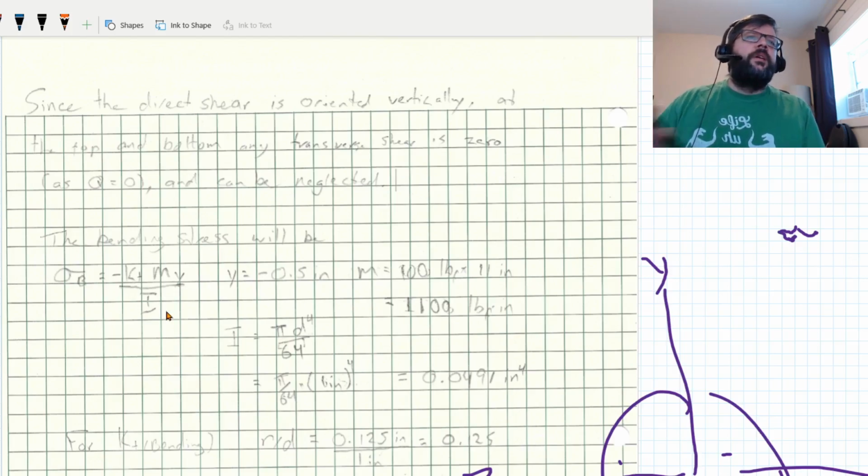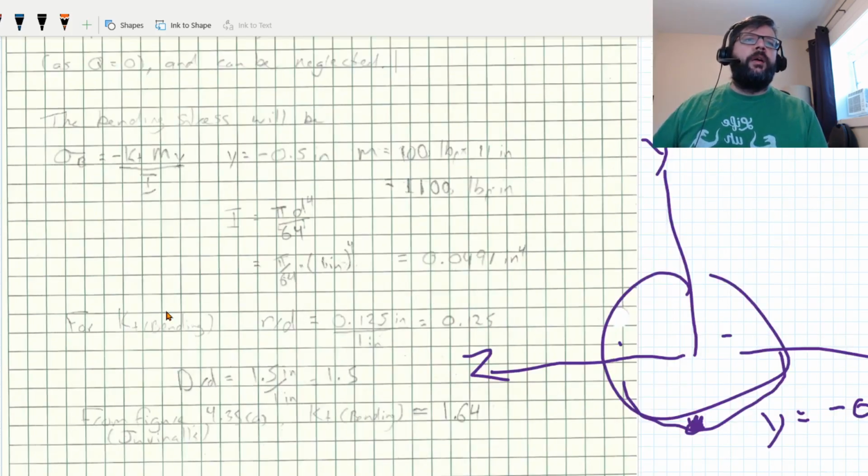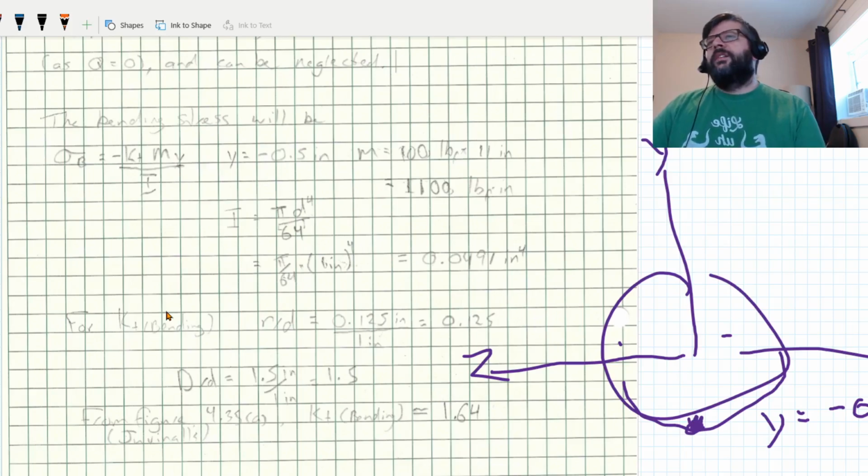Now, if you're wondering why I'm not using pi over 4 times r to the 4th, that's because once we start getting into stress concentration factors, we also start using this r to d ratio. The problem there is that the r there isn't the radius of the cross section. The r there is the radius of the fillet.